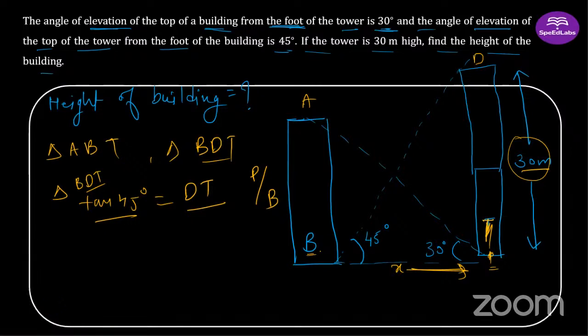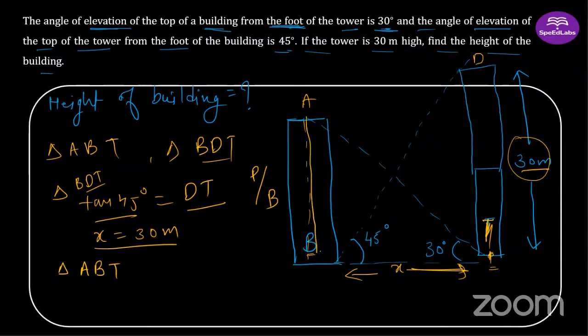See, in this particular triangle, we found out the value of X. We got X as 30 meter. Now, see in this particular triangle ABT, this triangle we are talking about. In this triangle, when I say tan 30 degree, tan 30 degree would be equal to AB upon BT.